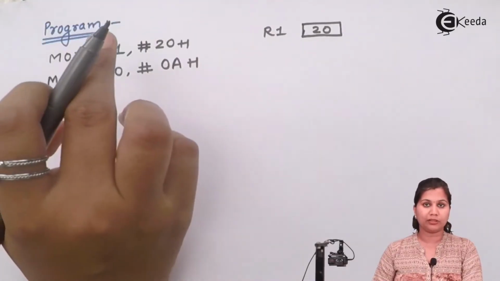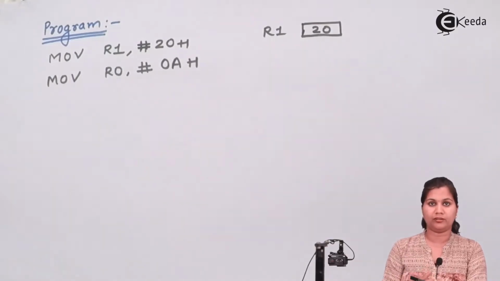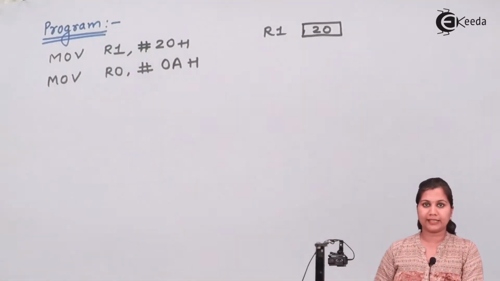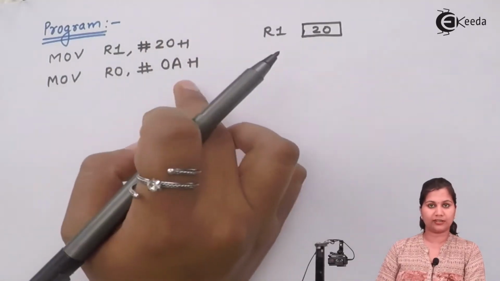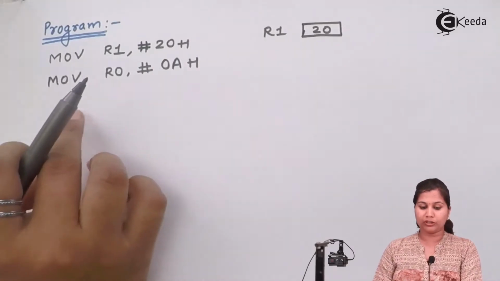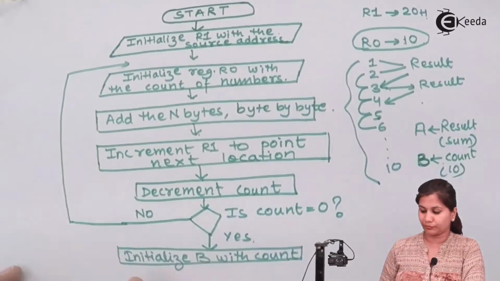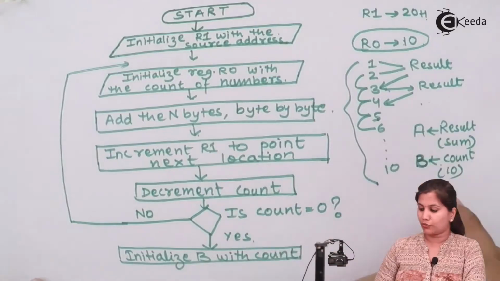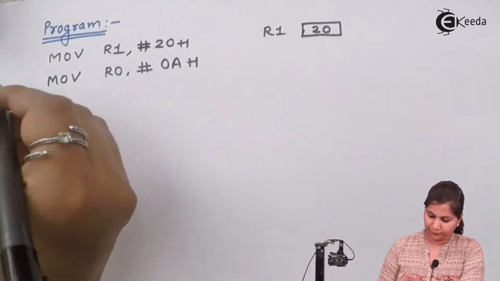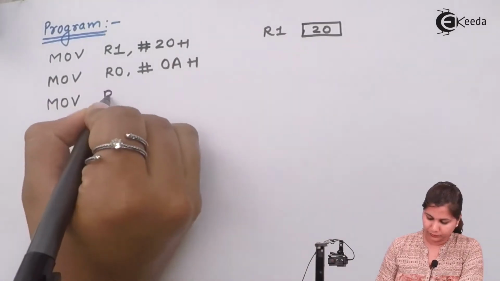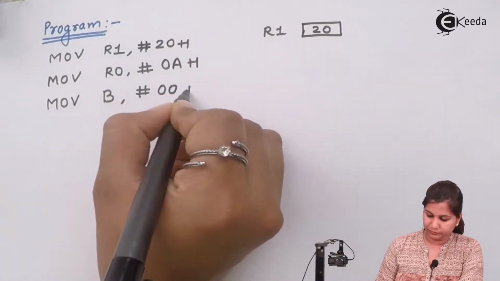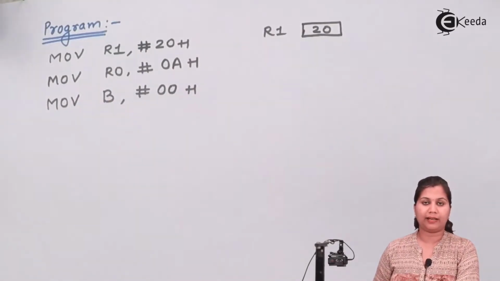If it is in decimal notation, then it is different, but the numbers are always represented in hexadecimal notation, so H is written after them. After that, because we want the result, we have initialized the result register B as 00. We have given it an initial value.